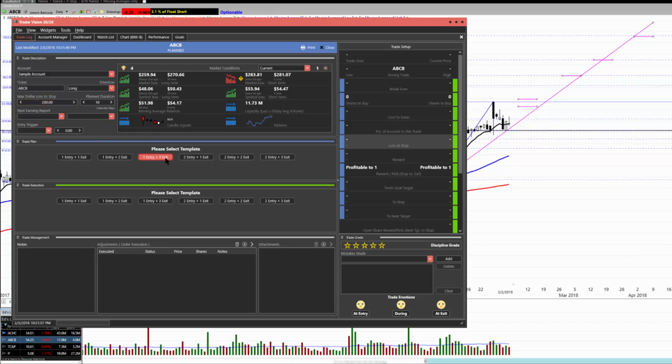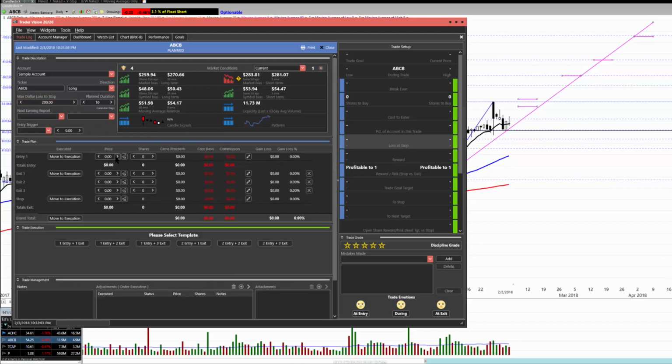So we're looking for an entry. Yeah, let's call it 57.25. And our stop, 56, and let's call it 30. For the first target up here, let's move it over so I can see with the extension.